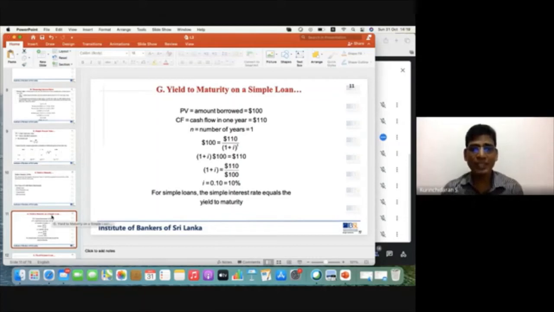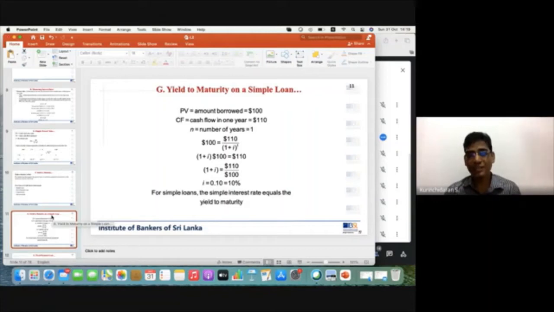Now, take the yield to maturity on a simple loan. Let's assume I give you 100 bucks, and after 1 year you give me 110 bucks. It's a simple loan.